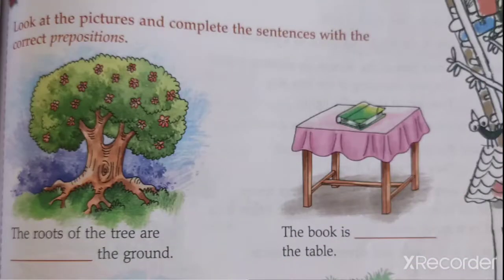Now before we move to our chapter, first of all I would like to say what prepositions are. You know students, prepositions are very important to make a sentence and to understand the sentence. A preposition is a word that is used before a noun or a pronoun to show its relation with the noun in terms of time, position, method and reason.